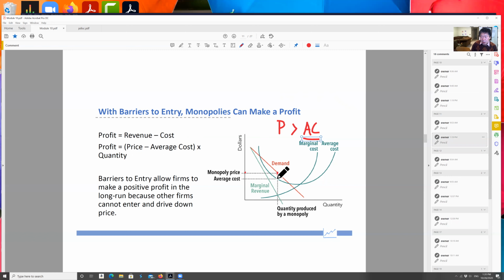So it is earning that much profit per unit. Total profit is price minus average cost times the output. So that will be the area of this rectangle. Okay, the area of this rectangle shows the magnitude of monopoly profits.